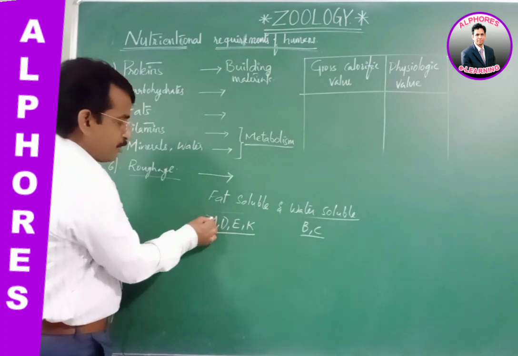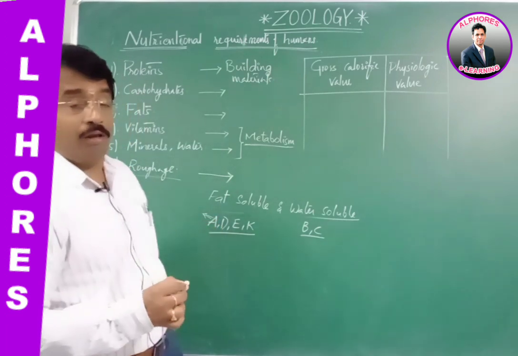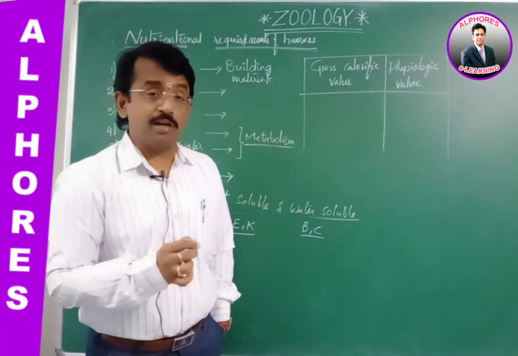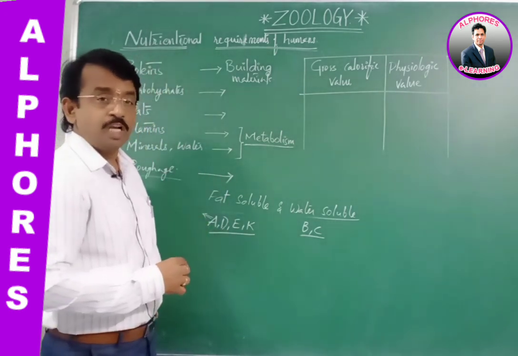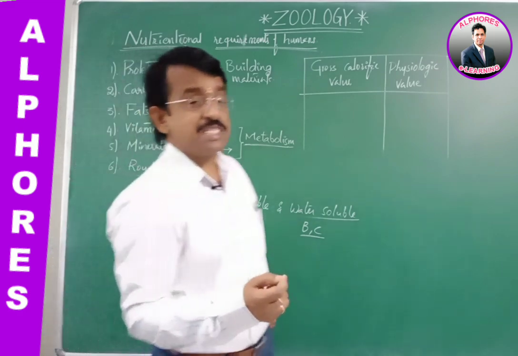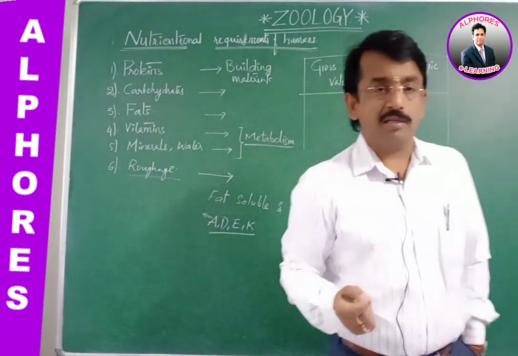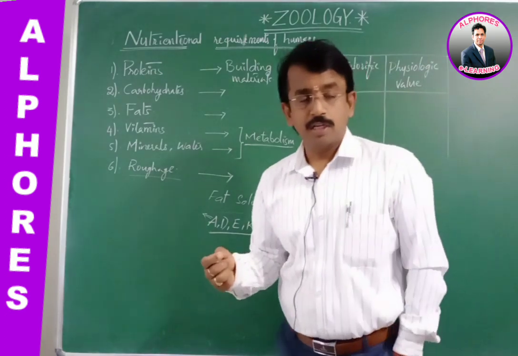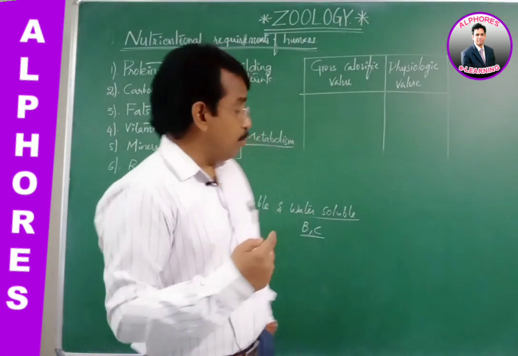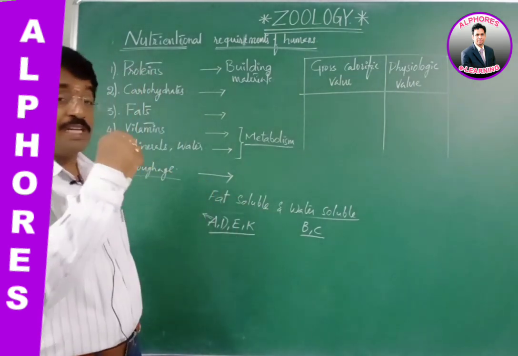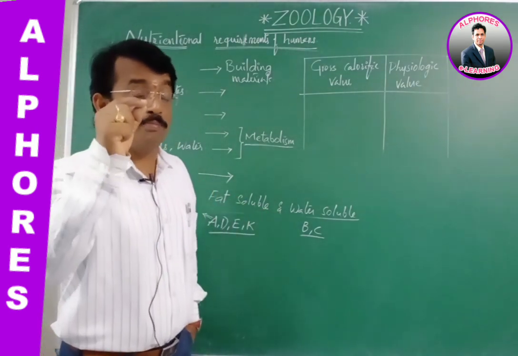The chemical name of vitamin A is retinol. Generally, vitamin A is available in milk, egg, cheese, curd, and butter, whereas it is also present in plants in the form of beta carotene.